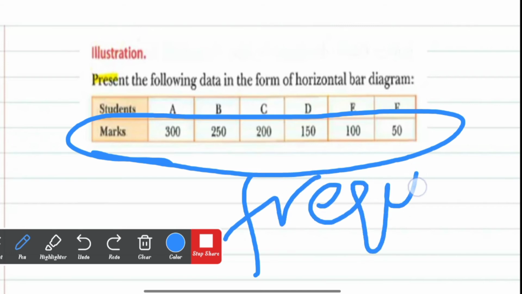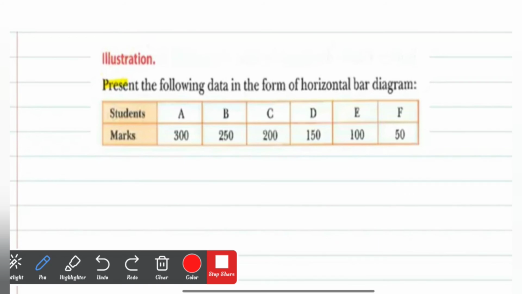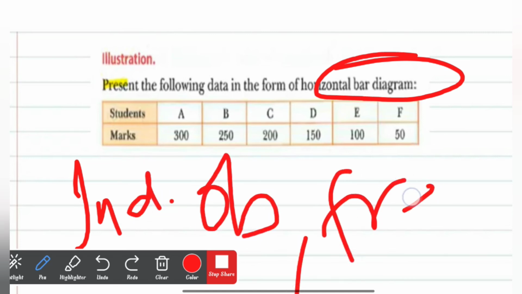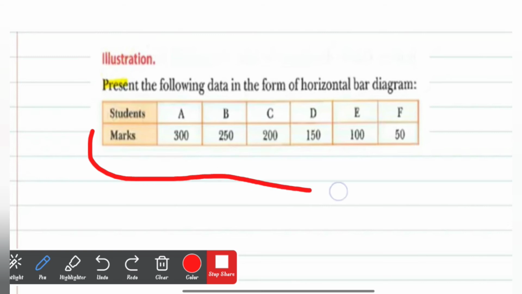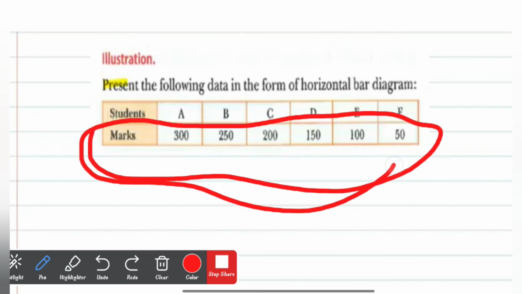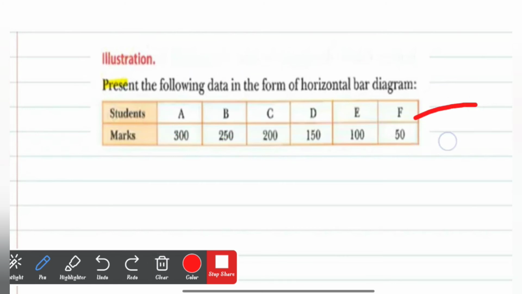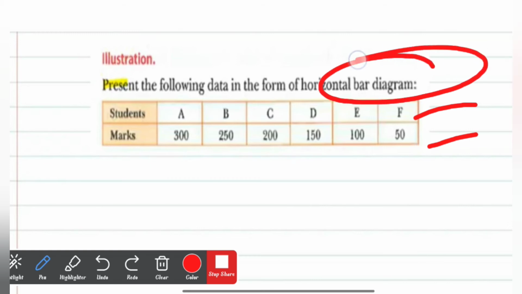Here marks are nothing but frequencies. So to construct a bar graph we need independent observations and frequencies. In this tabular form the marks are frequencies and the students are independent observations. These two pieces of information are quite enough for us to construct a bar graph.